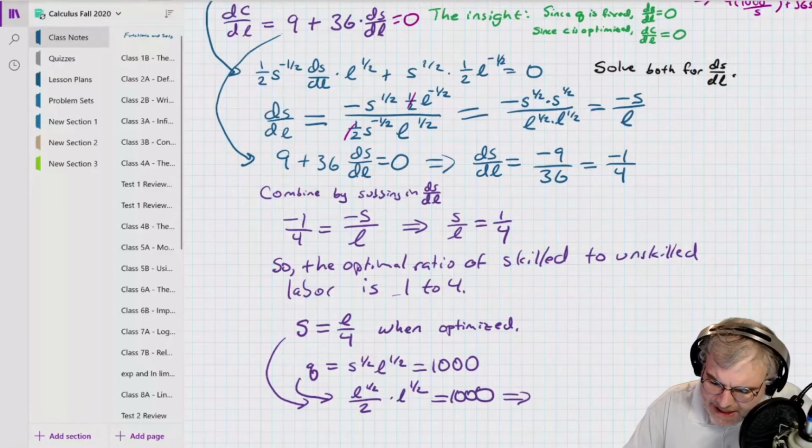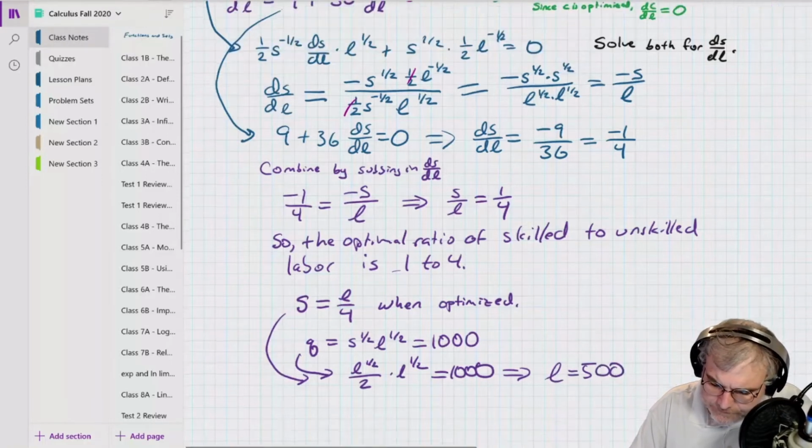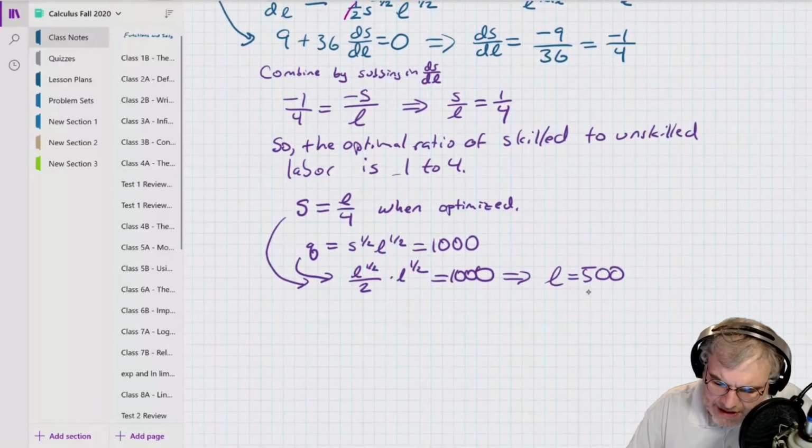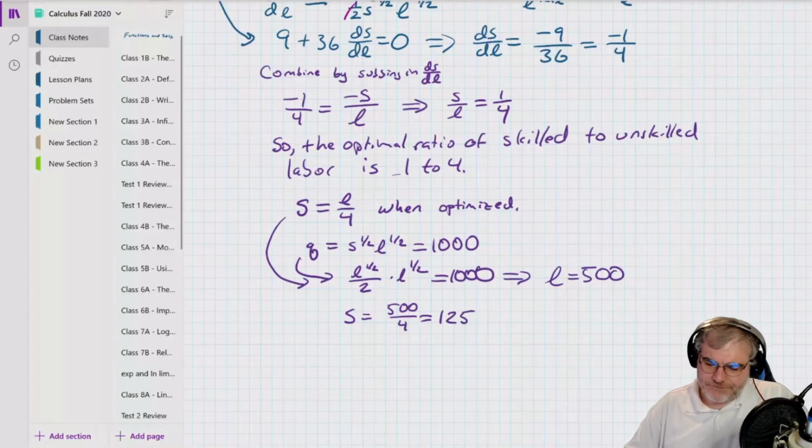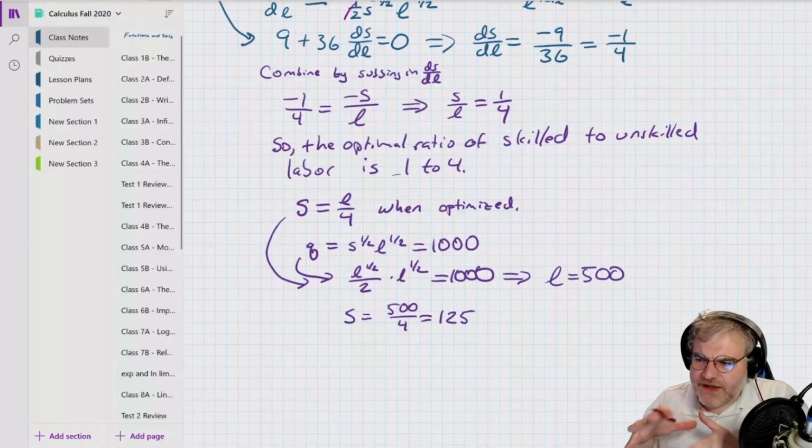And that means that L equals 500. Now with that, I sub back in here and I go, okay, well, if L is 500, that means S equals 500 over 4 equals 125. How do we feel about that?